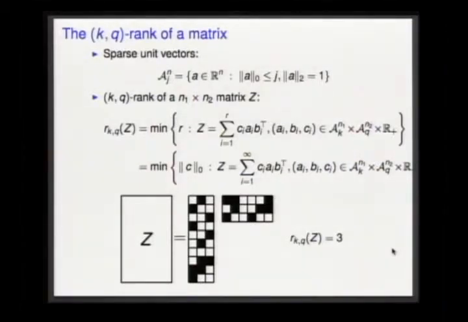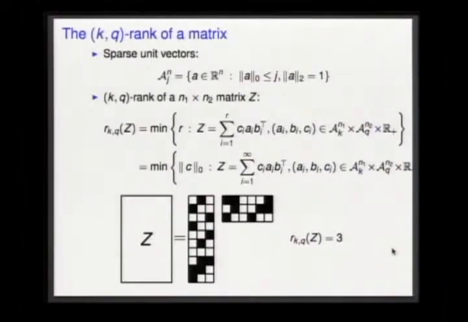So the rank is the smallest number of factors a and b you need to write your matrix as the linear combination of a b transpose. Here we add the constraint that the factors a and b should be of sparsity k and q. So this way we are building an index which has the same flavor as the rank or the L0, but with the difference that we specified that the factors should have the target sparsity.